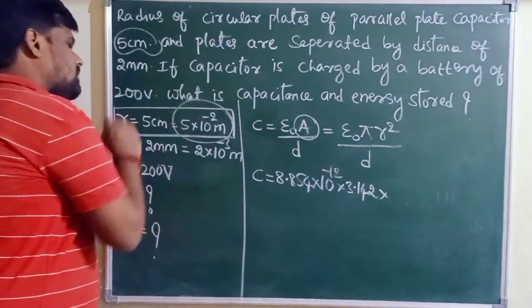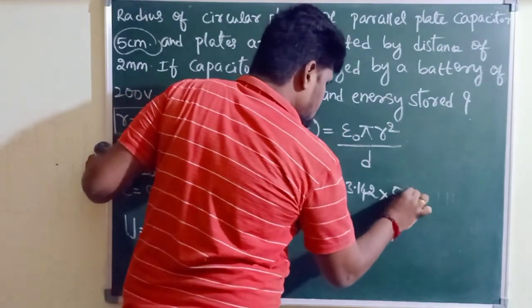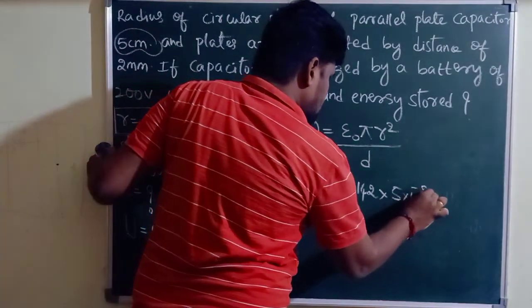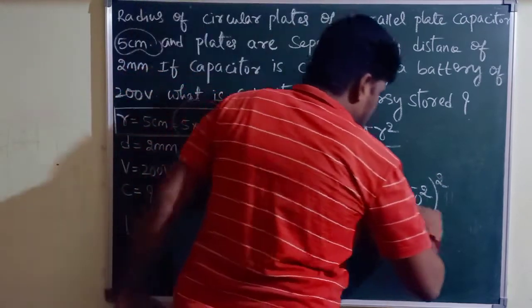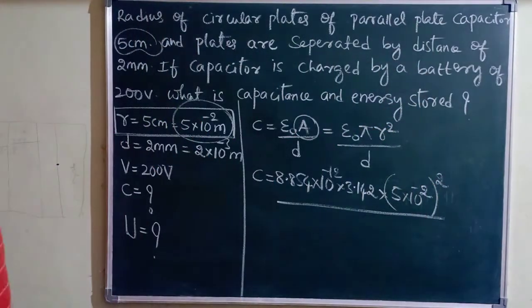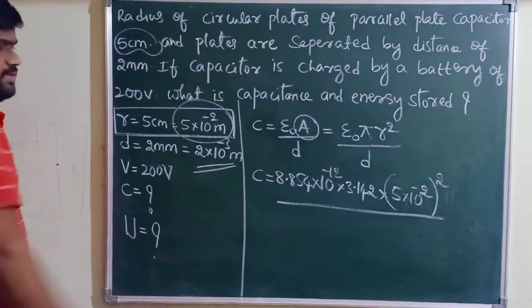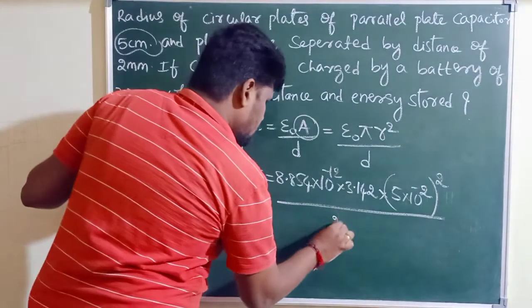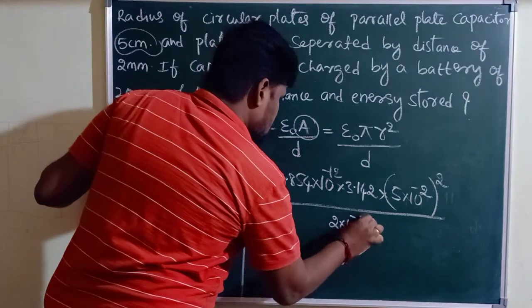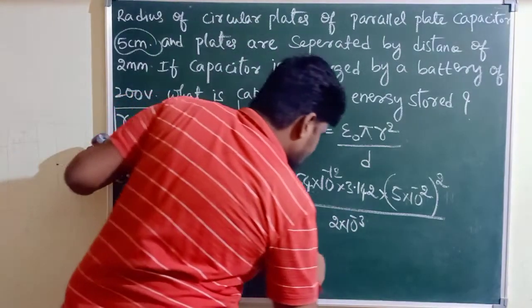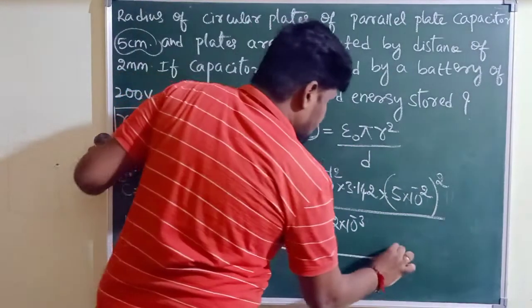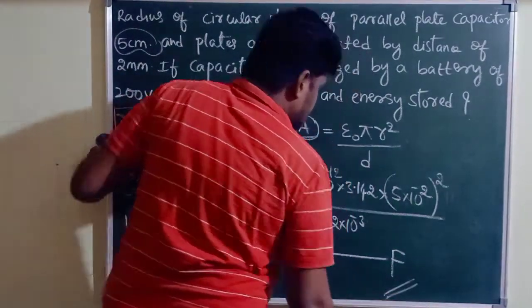Radius, that is 5 into 10 power minus 2, squared, divided by the distance between the plates, 2 into 10 power minus 3. If you use a calculator and simplify, you will get the value of capacitance in farad.